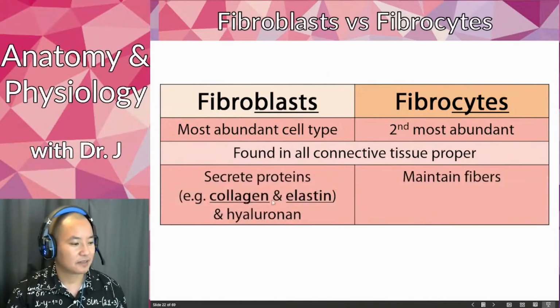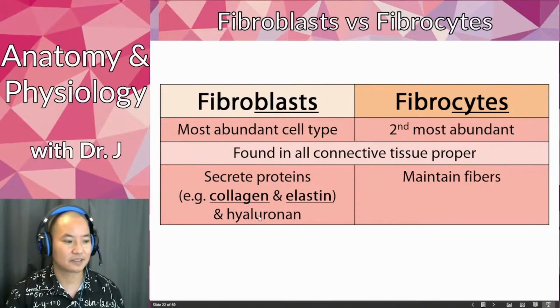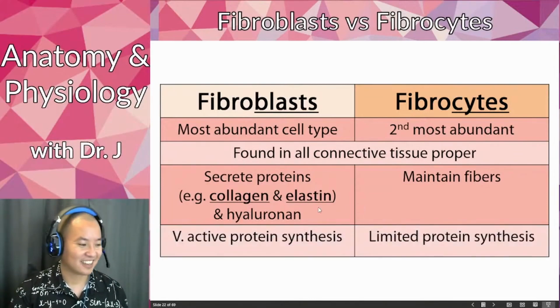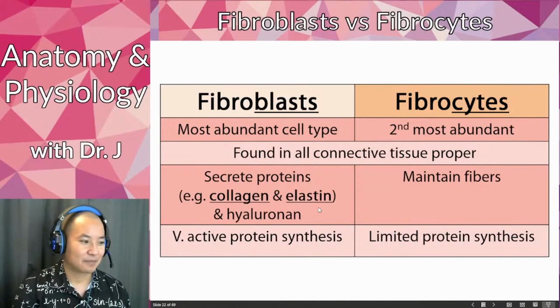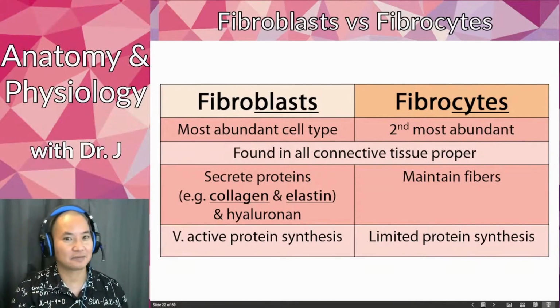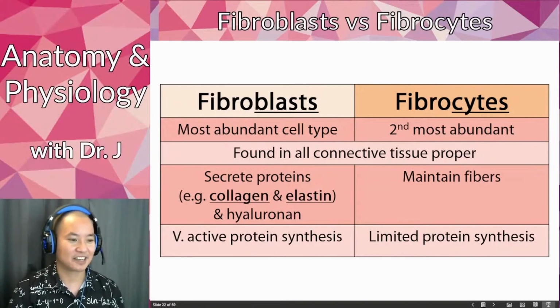And what do they do? Fibroblasts are the ones that make new proteins and fibers of the extracellular matrix. So collagen, elastin, reticular fibers, and also special proteins like hyaluronan. Because they're making a lot of these proteins, they're very active, and they're kind of young and new to the job, so they're very go-getters: let's make as many proteins as we can.